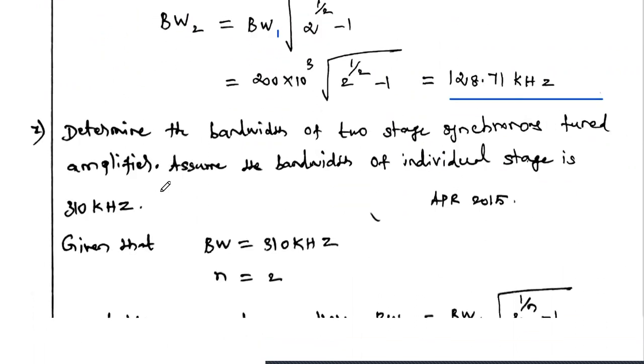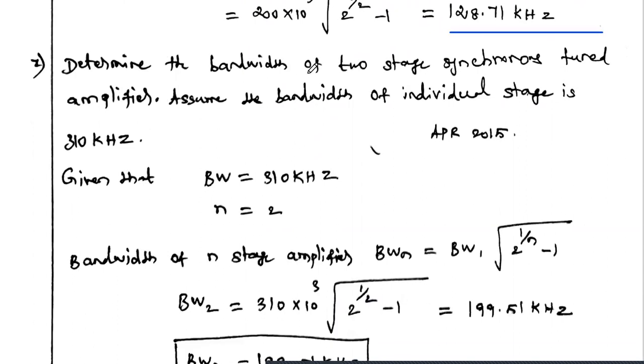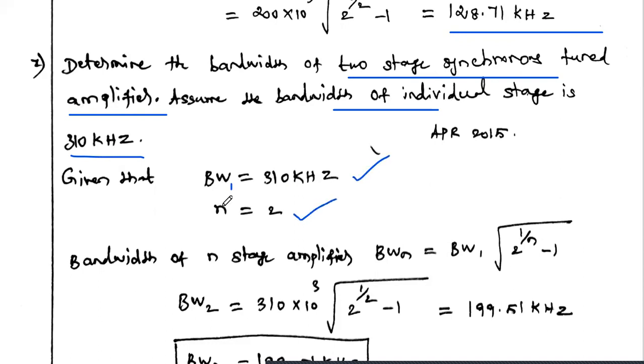Similarly, see the next question. Determine the bandwidth of a two-stage synchronous tuned amplifier. Assume the bandwidth of individual stages is 310 kilohertz. This is an April 2015 question, a 2-mark question. It is the same question, only the bandwidth is different. The bandwidth of one stage is 310 kilohertz and the number of stages is 2.